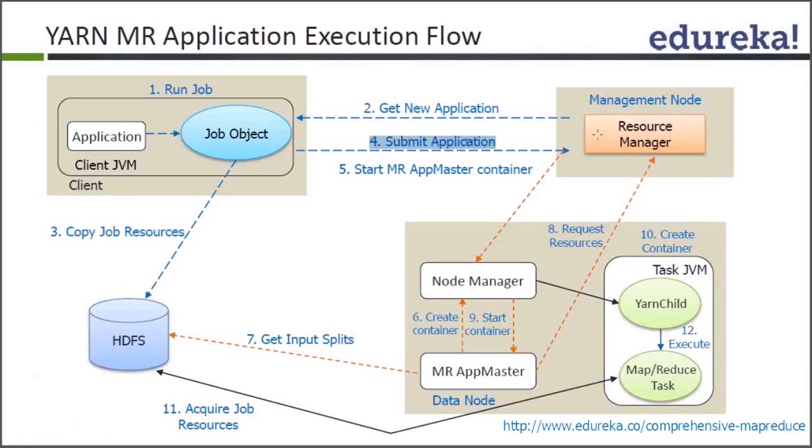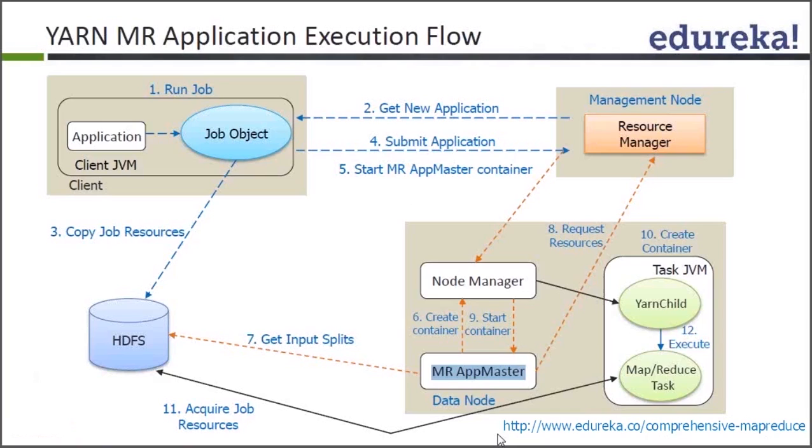Then it will submit the application to the resource manager so that there will be a queue. So remember, only when you submit the application does the capacity scheduler come in over here, right? Then step number 5, the resource manager will say, I have to start the application master for that job. So it will tell the node manager to create the application master on one of the nodes.